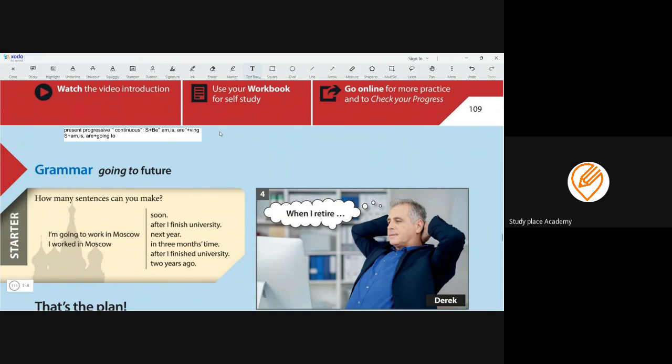So for question, we are going to switch between is or are plus subject plus going to plus the rest, and then we have our question mark.